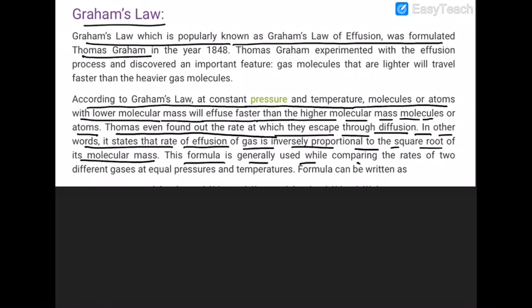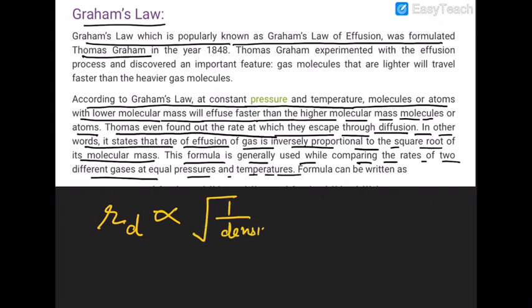This formula is generally used while comparing the rates of two different gases at equal pressure and temperature. So the formula can be written as: the rate of diffusion of a gas is proportional to 1 by density, or 1 by molar mass, so the square root of the molar mass.